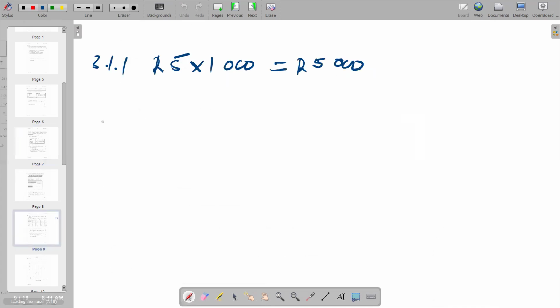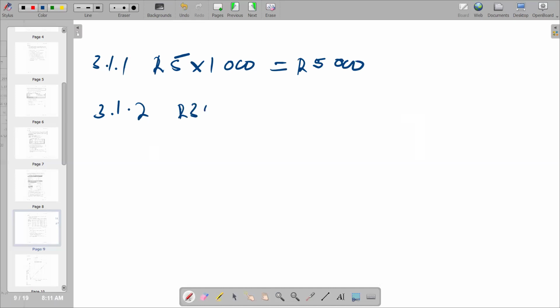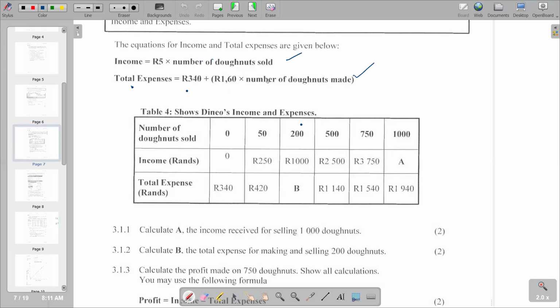So coming here now, it's 3.1.2, whereby we are saying 340 rands here. Then we add 160 times 200.